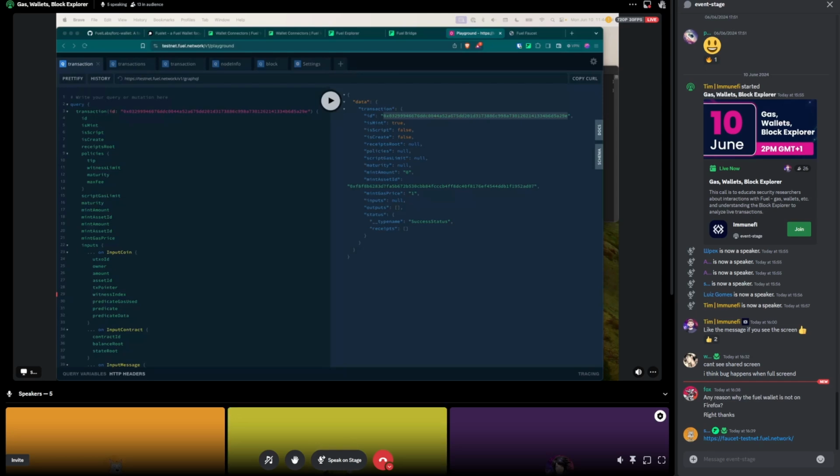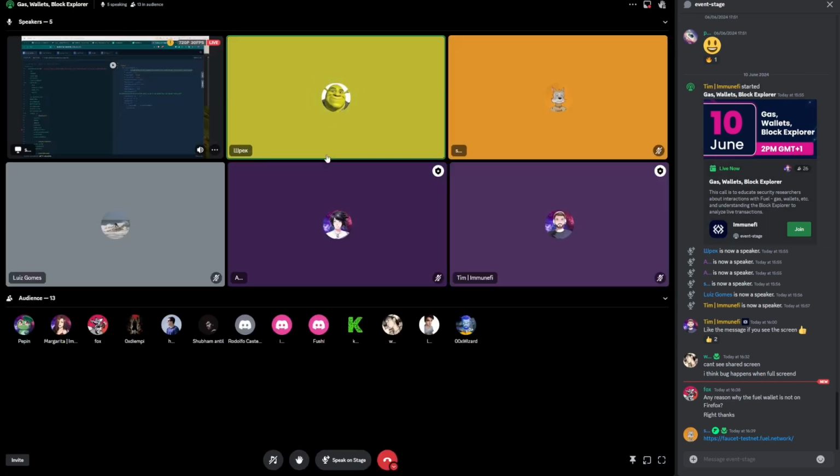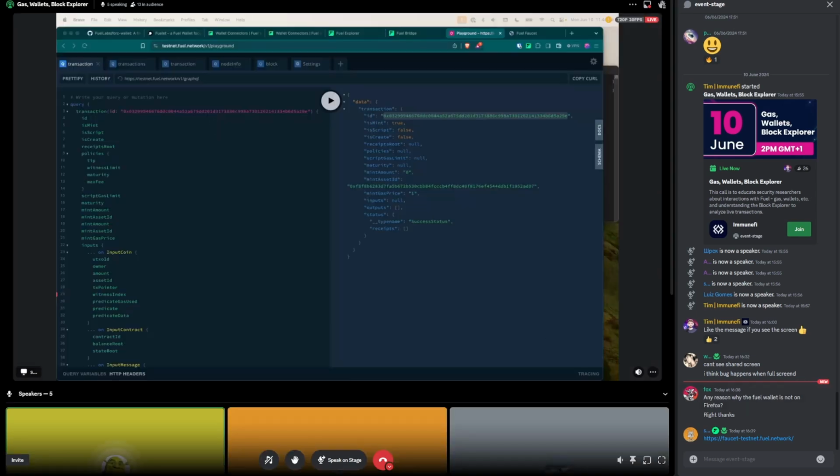But the address representation differs: Ethereum takes a hash of your public key and takes the first 20 bytes of that, and it is your address on the Ethereum side. In our case, we take the hash of the public key and we just use 32 bytes instead of 20.